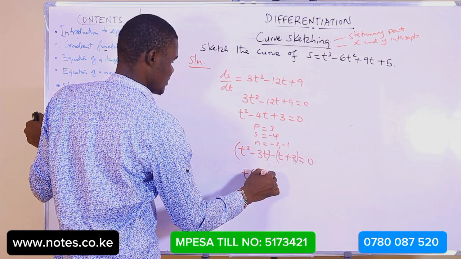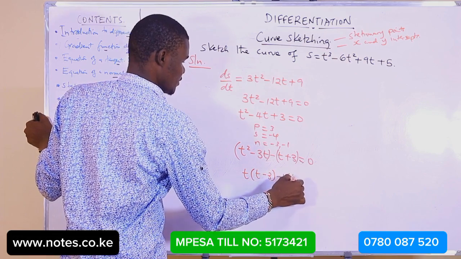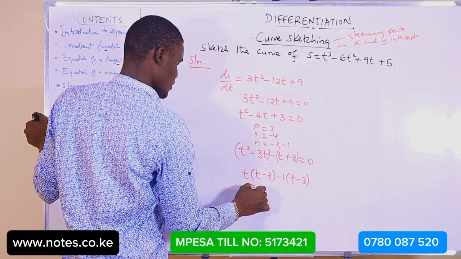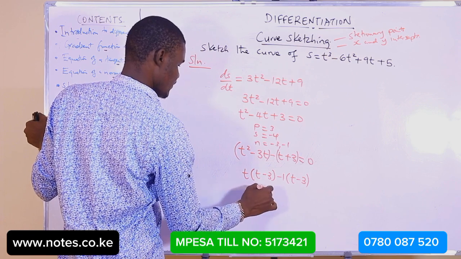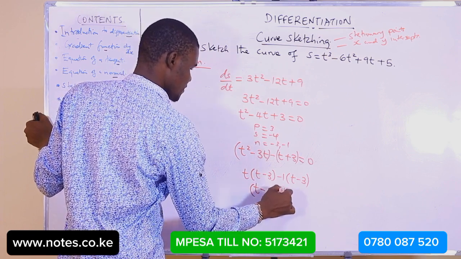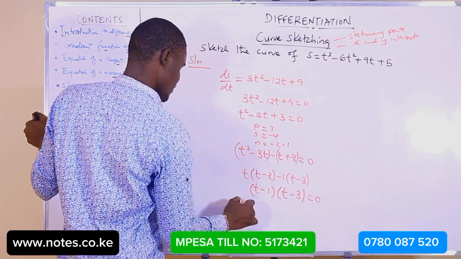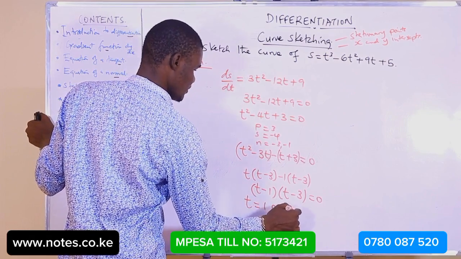So that will be t minus 3, then minus 1 into t minus 3. So we're going to have t minus 1, t minus 3 is equals to 0. So you realize that t is either 1 or 3.